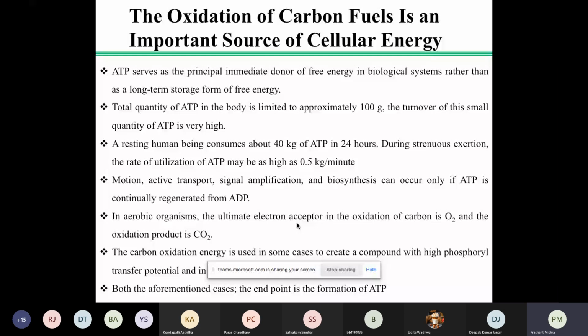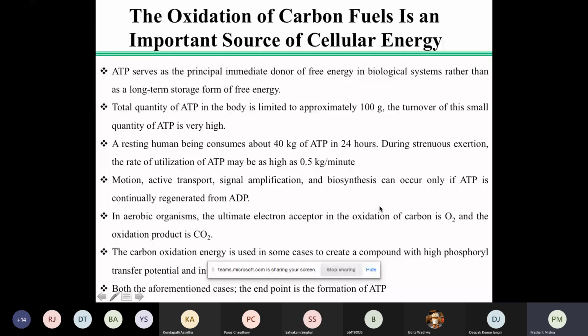So the basic concept which you have to learn is that whenever a fuel molecule is being oxidized, a fuel molecule will be like a fat molecule, a glucose molecule, or any polysaccharide. When they are oxidized, what will happen? The carbon present in these molecules will be converted into carbon dioxide because they will be reacting with oxygen. So during this process, carbon dioxide is produced on one hand, but that is not the goal. The goal of oxidation is to produce energy.